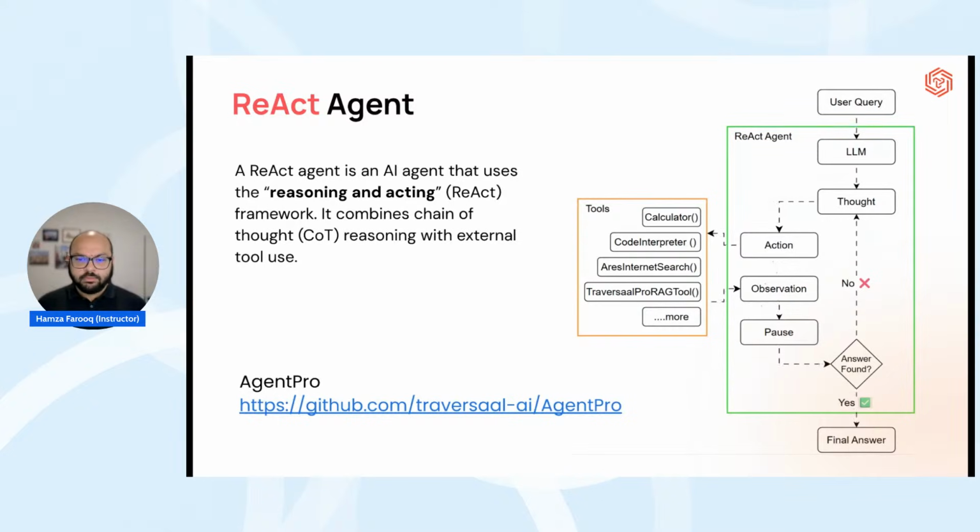I'm going to be the first one to say that ReAct agents can get out of control. They can run forever if you do not tinker with them correctly. But if you build these tools properly, in a way that they're supposed to follow through a process, they start delivering great value to you.